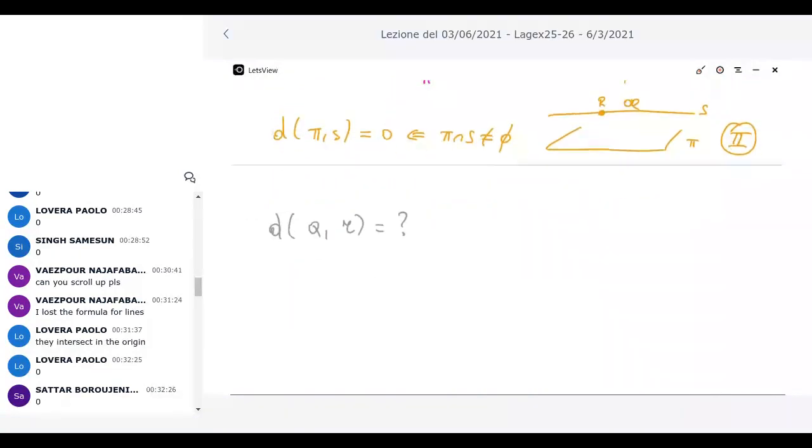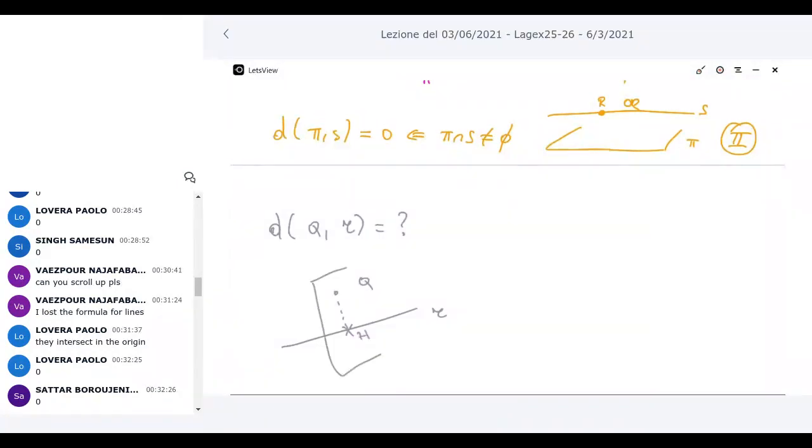Just as a quick reminder, we have a line, we have a point. How do we compute the distance? Well, the ideal would be to compute the orthogonal projection and then to compute that distance.